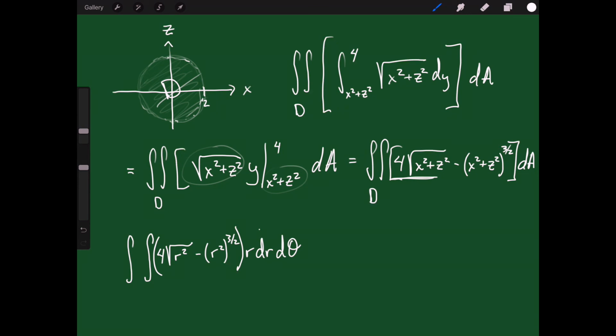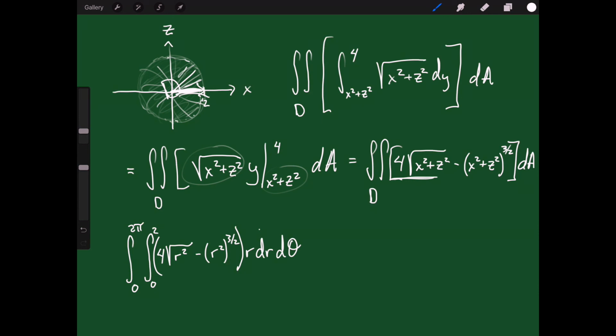Now, what am I integrating to and from? In the r direction, we're starting at 0, and we're integrating out to 2 in any direction. So 0 to 2. And theta starts at 0, and then we integrate all the way around until it gets back to 2 pi. So we're integrating from 0 to 2 in the r direction, 0 to 2 pi over theta.